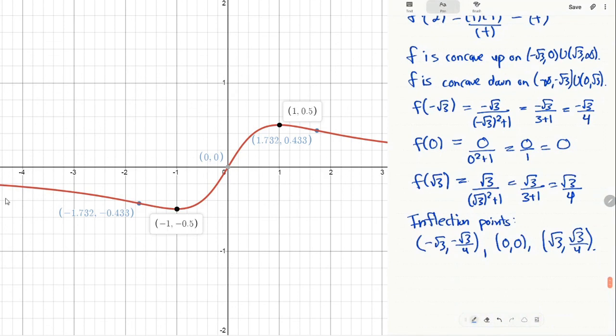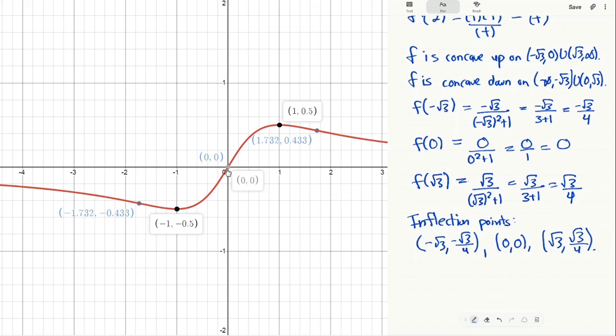Next, we found that the function was concave down from negative infinity to negative root 3. So here is negative root 3. So the function is curving downwards on this interval. And then from negative root 3 to 0, it is concave up. So that means that this coordinate is an inflection point.